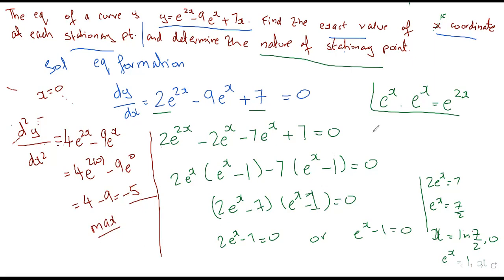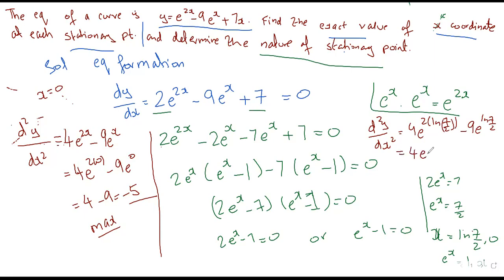Simply, if I solve it for the other one, 4 e to the 2 ln 7 by 2 minus 9 e to the ln 7 by 2. How are we going to solve this?